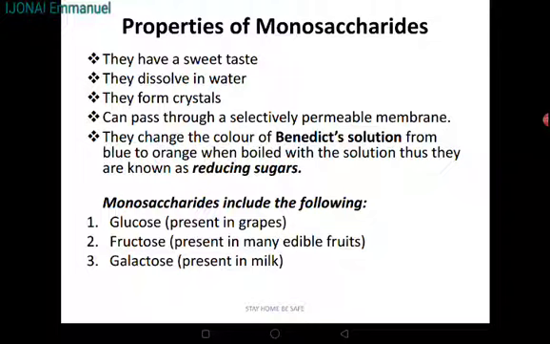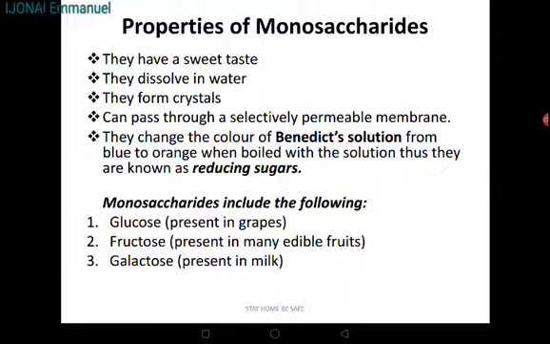Then they dissolve in water. They are highly soluble in water. The moment you mix them with water, they just disappear in the water. And then they form crystals. When you feel them between your fingers, you feel some small solids that we shall call the crystals.